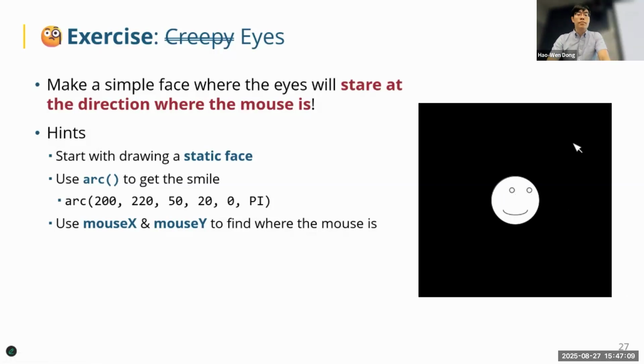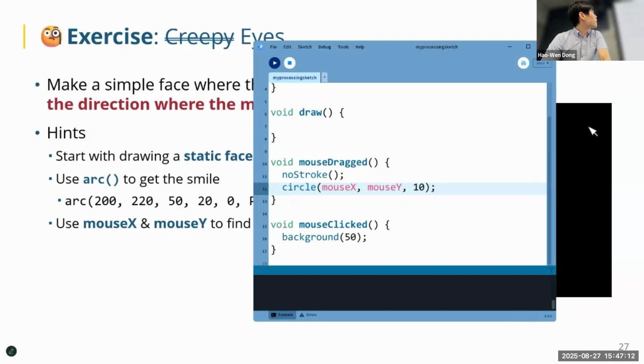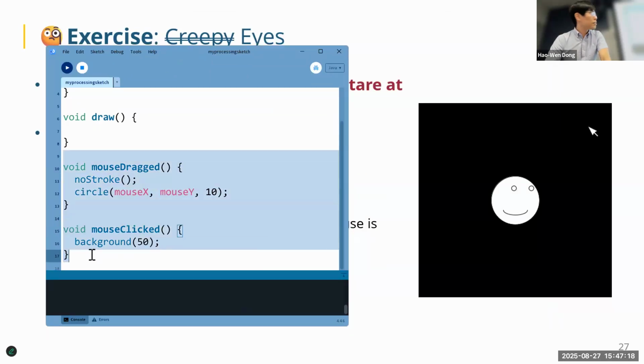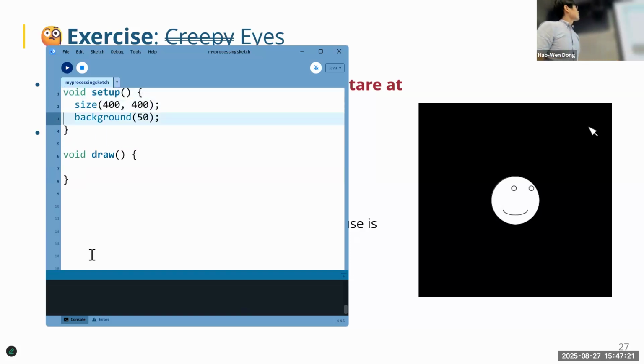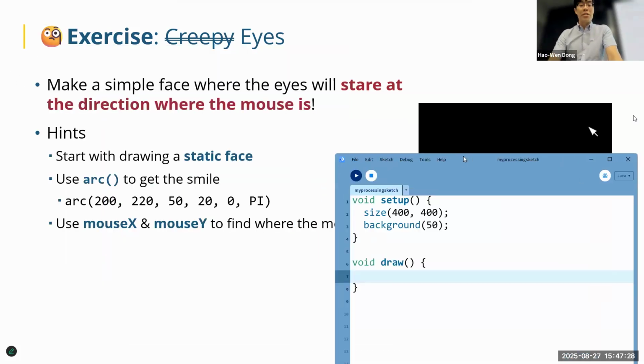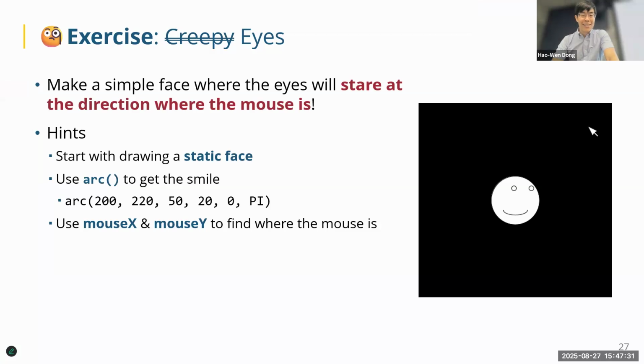Cool. Just do it, I guess, to get the face. Oh, pi is a predefined global variable.